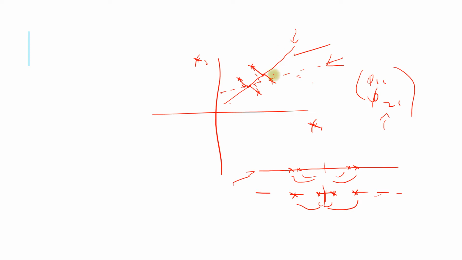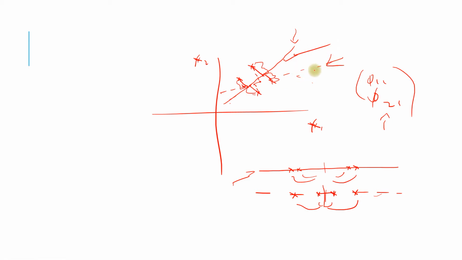However, this one is giving you the line that is closer to the data, because in the end you will have the smallest sum of squared error. This line will not necessarily give you the smallest sum of squared error. It is only this line that will give you the smallest sum of squared error.